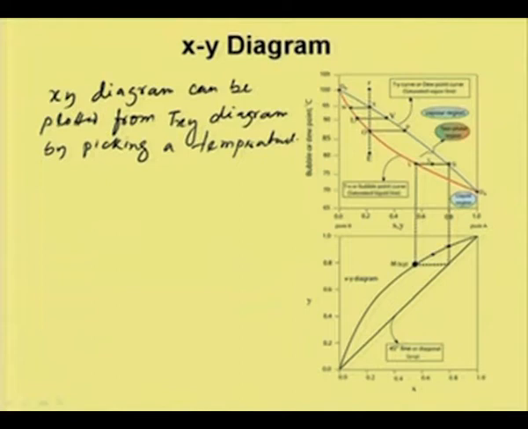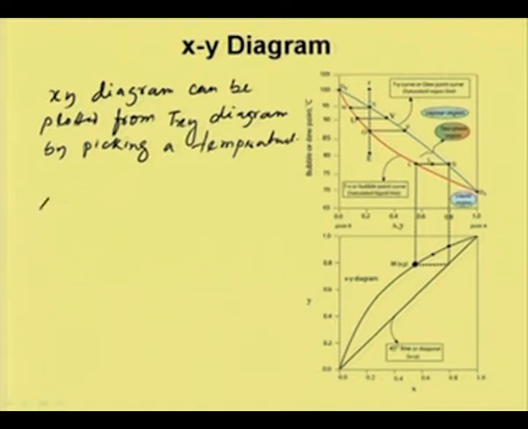The point M, which is x, y on the XY curve, corresponds to the tie line LG on the TXY diagram.